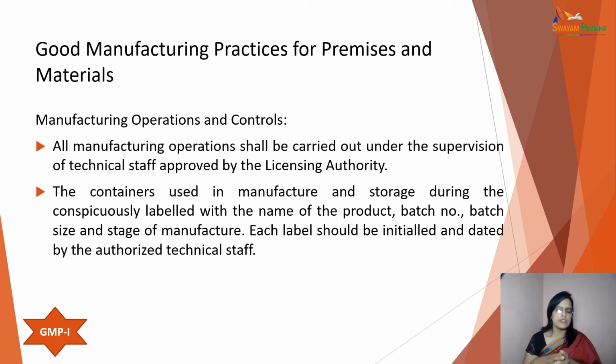The contents of all vessels and containers used in manufacturing and storage during the various manufacturing and storage stages shall be conspicuously labeled with the name of the product, batch size and stage of manufacturing. So all this information will help the other staff also to deal with the current procedure which is going on.